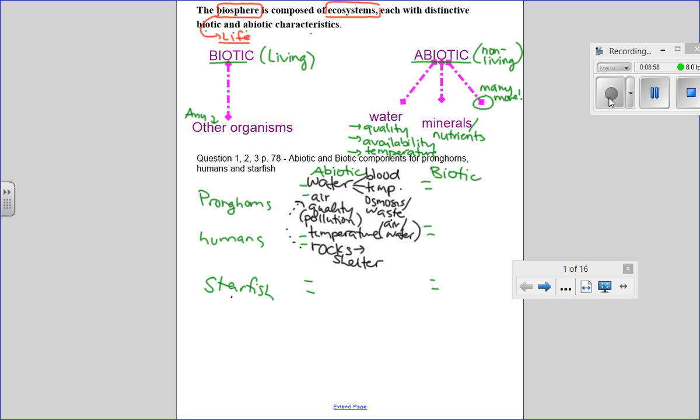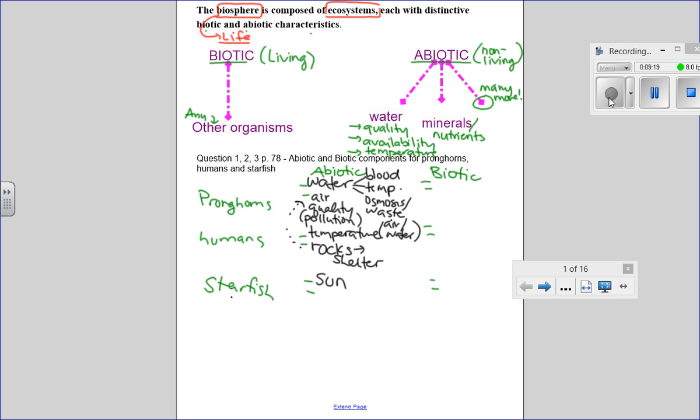Since the starfish lives in water, there's a couple of probably fairly water-specific things that we could put. I'm going to start by talking about the sun. Now, does a starfish use the sun for energy? Probably most of you would say no, a starfish is not a producer.